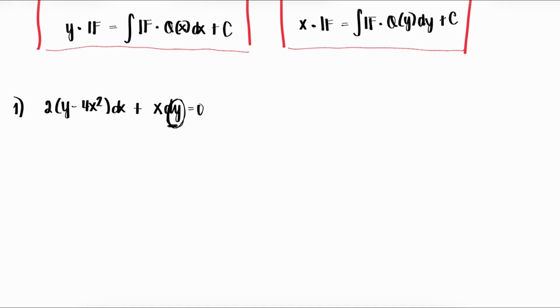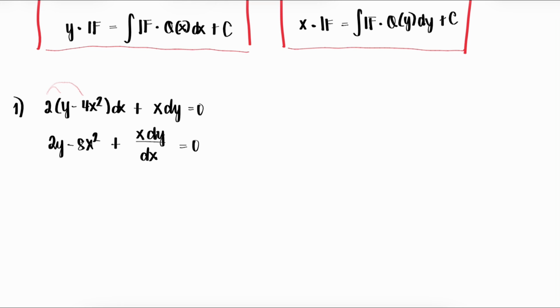So in the dy/dx form or in the dx/dy form, it is the one in the numerator. Because dy is simple, we're going to divide both sides by dx. So this would now be 2y - 8x^2. We just distributed 2 right there. And then we are going to have x dy/dx equals 0.